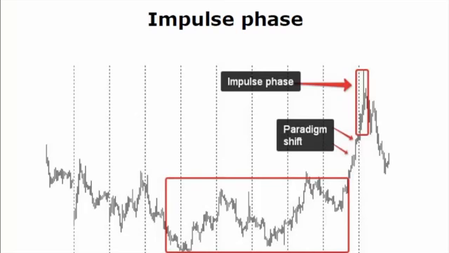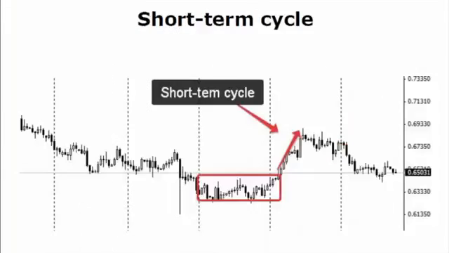So if you are going with a breakout in a counter-trend direction, think about the fact that it is going to reverse soon and set your targets accordingly. On this slide you see a short-term cycle of a typical correctional movement in the context of a strong descending trend. It has all features of a typical uptrend.